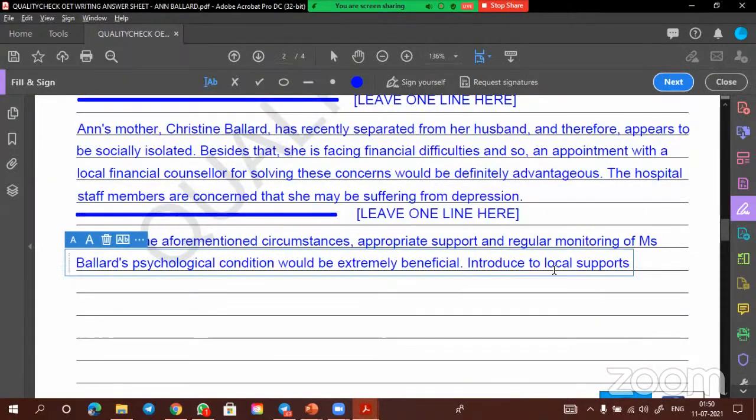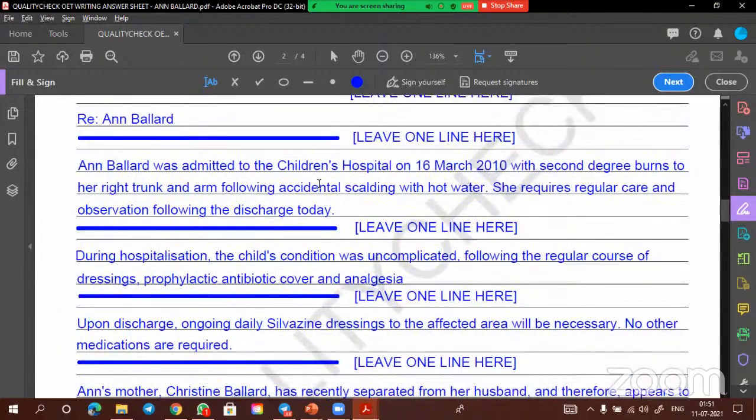Okay. So, introduce to local supports, connecting. You can say here... anywhere you wrote "in addition"?